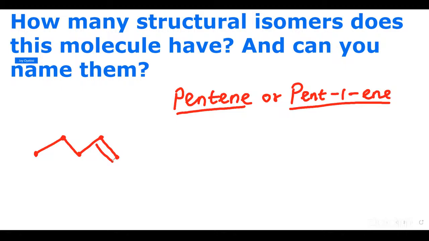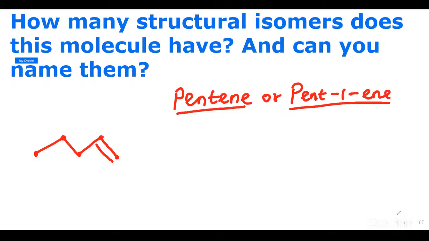So go ahead and tell me how many positional isomers are possible for this one. I'm going to give you the answer in a few minutes, so just give it a try and let me know.